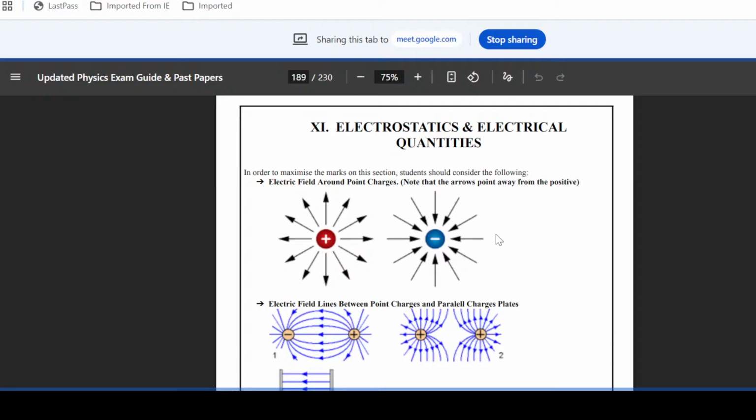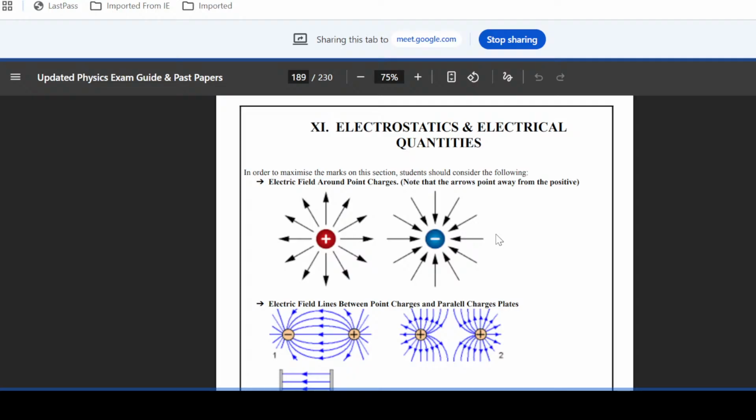So anytime you're drawing electric field lines, the arrows on the line should be pointing away from the positive and towards the negative. The arrows just indicate where a positive would go if you were to place it in the field.